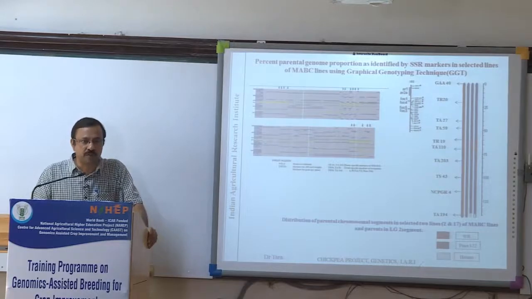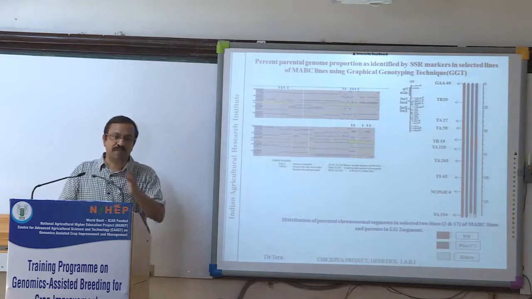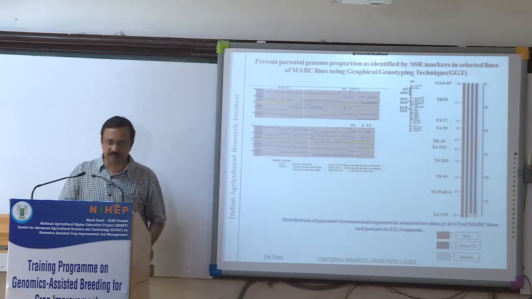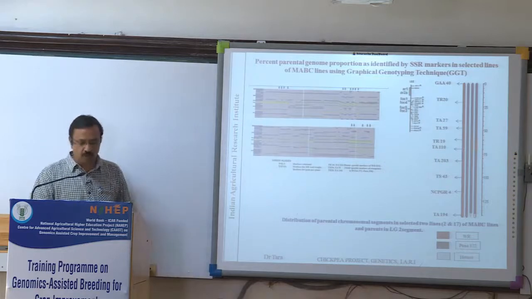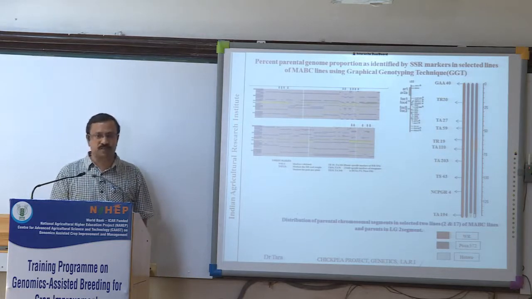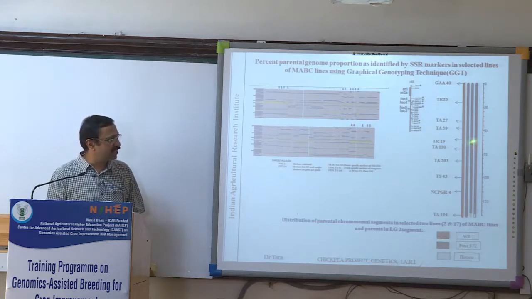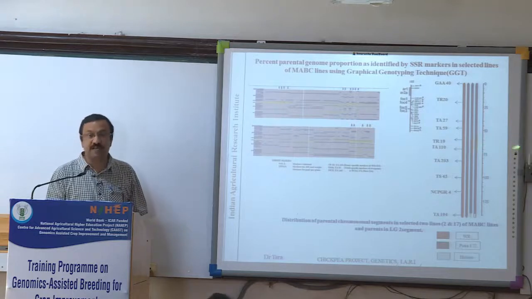So we intercross among them. Of course, we now have a greater benefit apart from MARS, genomic assisted selection, which I should be covering in the later part of this lecture. So now if you look into this particular chromosomal complex of LG2 loci, we have this TR19 and I think TA110.